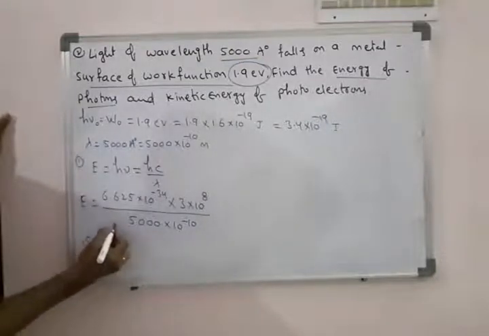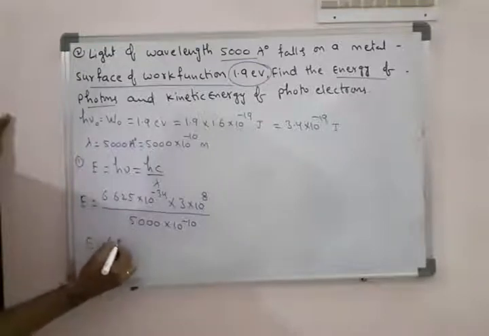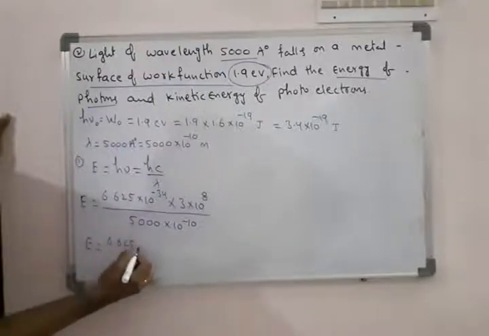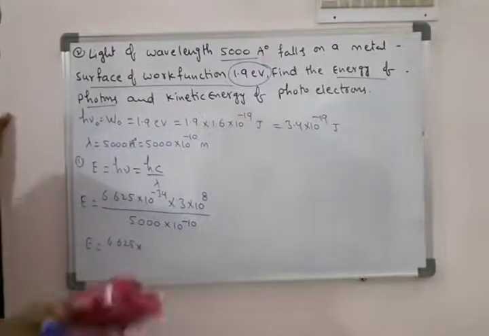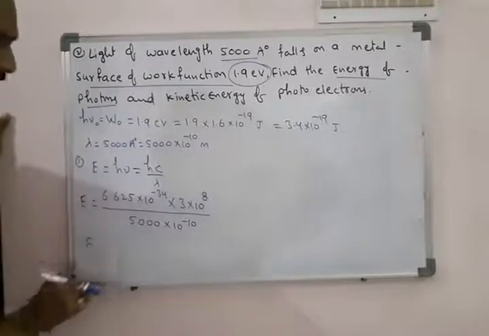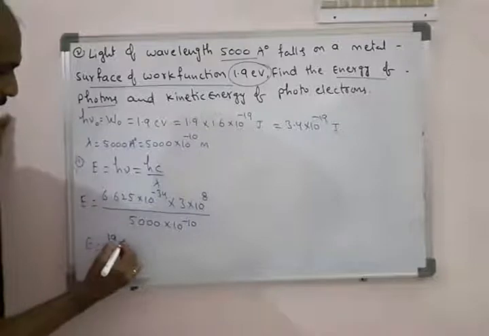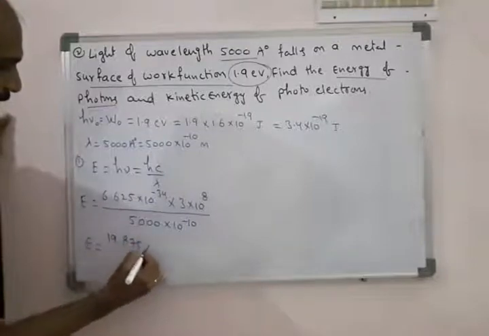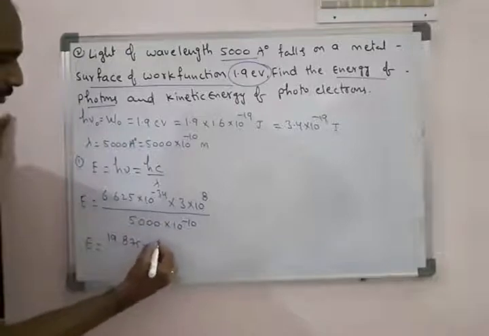Here it is equal to 6.625 into 3 which is approximately 19.875, into 10 to the power of minus 34.